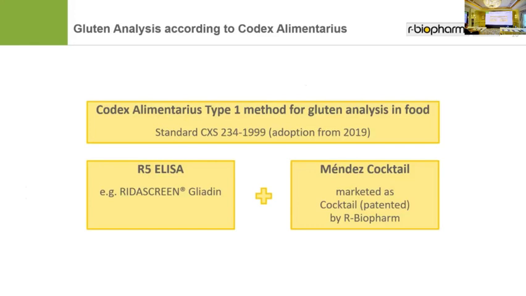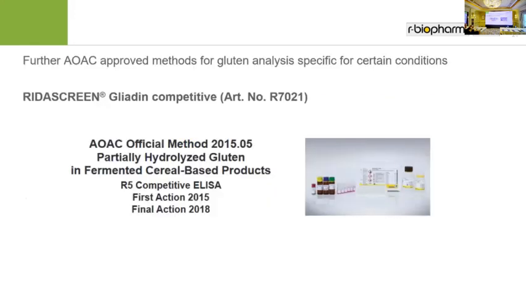Here again the picture to remind you that the Codex Alimentarius method is a combination of R5 and the cocktail from Mendes, and this is important to remind you, think of what you are testing.